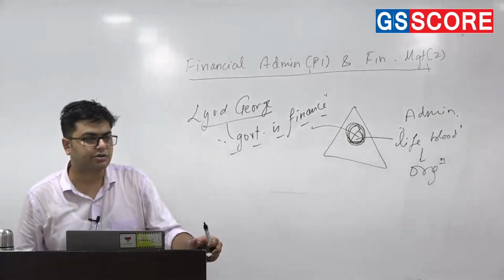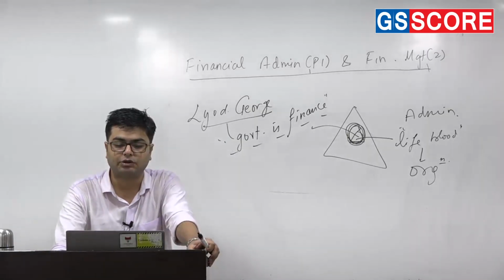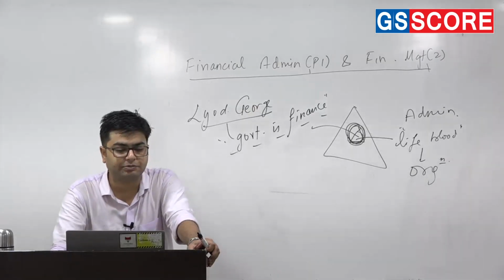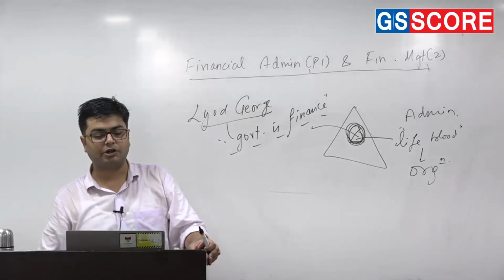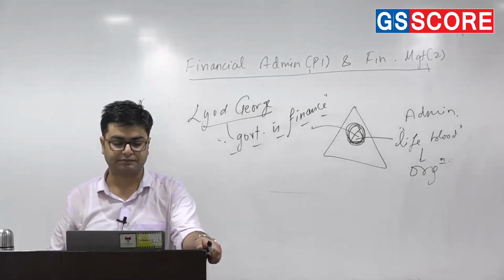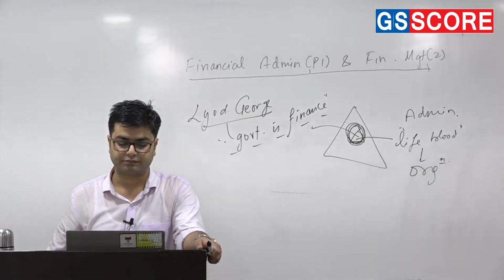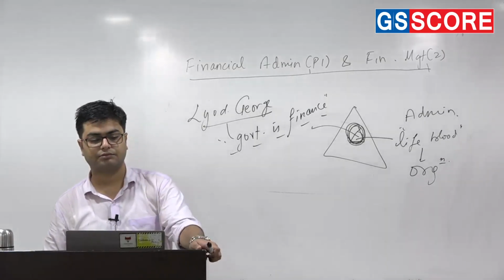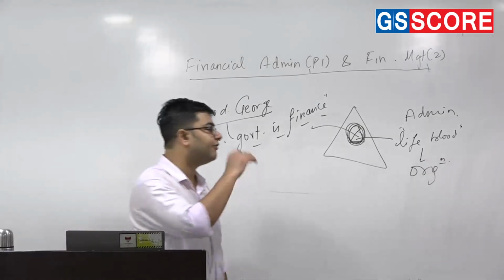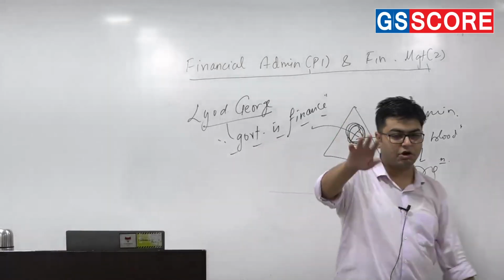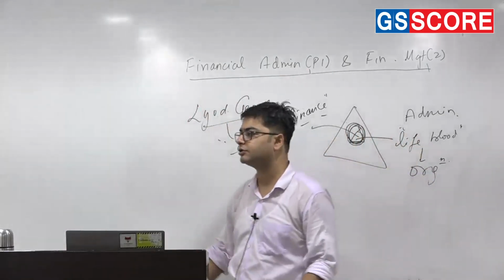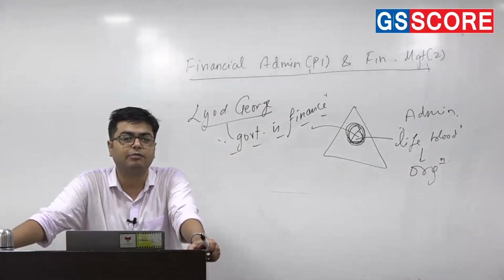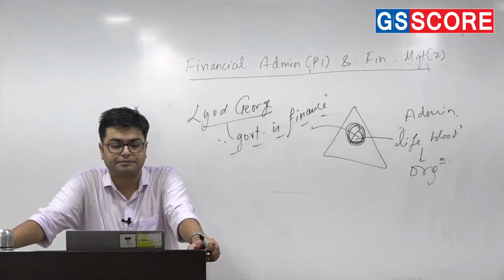And this is right, because no administration can function without the finance. The success of the administration depends to an extent upon the availability of finance. Because without finance, all the duties and functions which are to be performed by the state cannot be performed in an efficient manner.